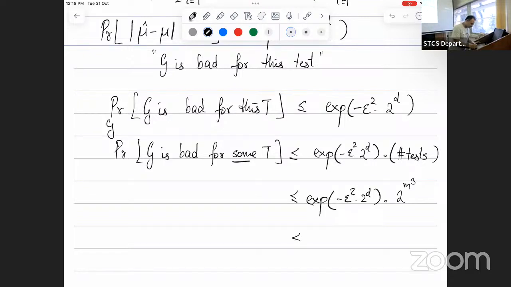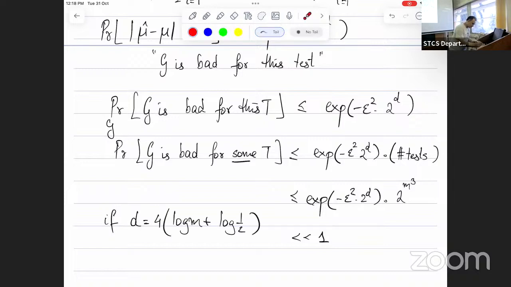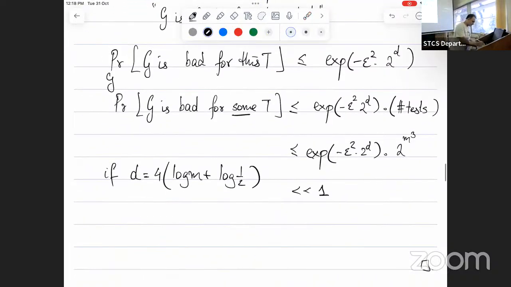This quantity will be much, much smaller than 1 if d is something like 4 times log m plus log 1 over epsilon, because this will contribute at least m to the power 4, which will kill everything else that we have here.